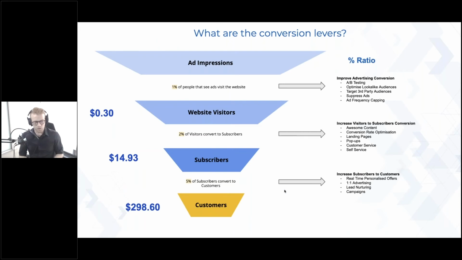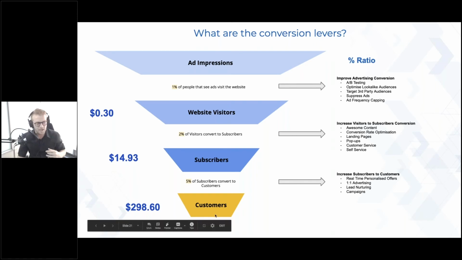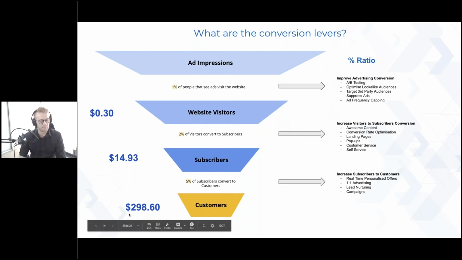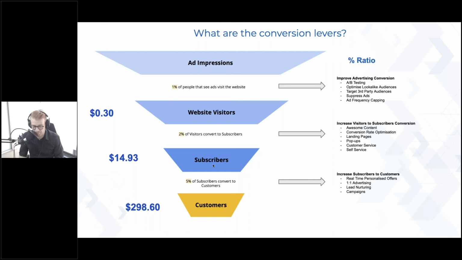This is really important because if you look at a customer funnel, we've got impressions, web visitors, subscribers, customers. This is a typical marketing funnel, and this is just the top of the funnel. But if we use this lifetime value number, about $300, to pivot around, and we know that 5% of our email subscribers convert to paying customers, then we know that it's about $14.93 per subscriber.